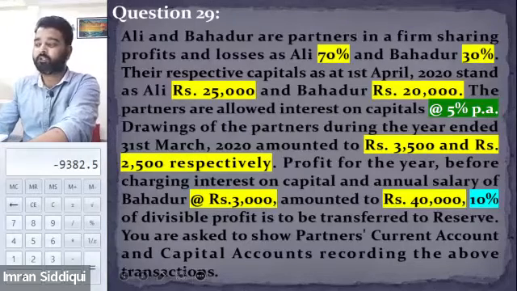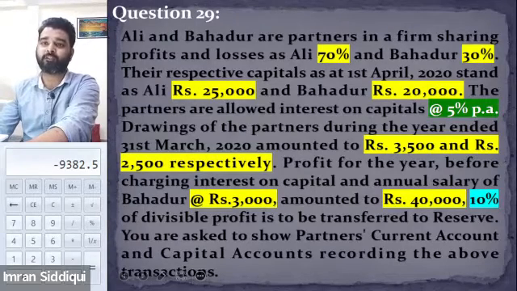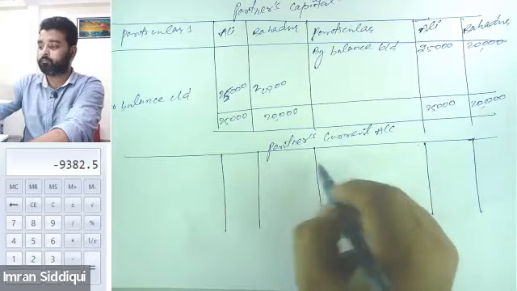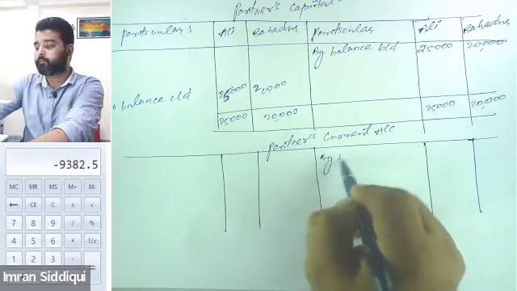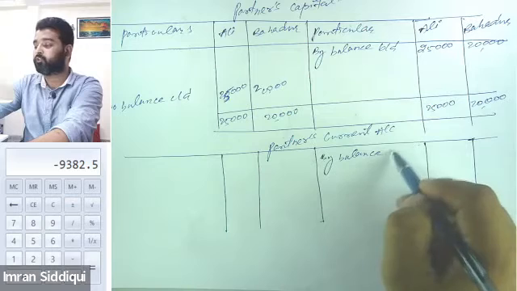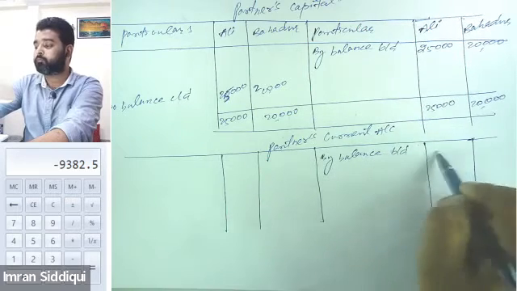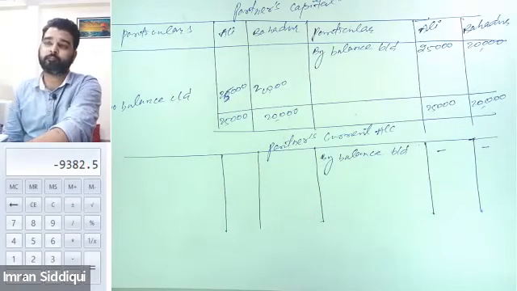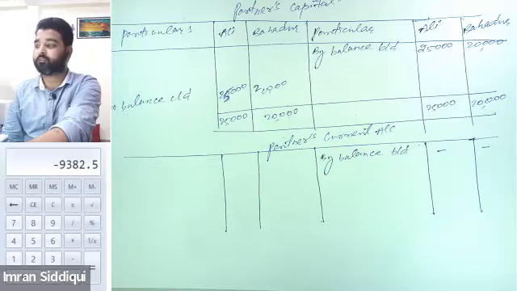That means there is no opening balance in the current account for Ali and Bahadur. The opening balance will remain vacant.